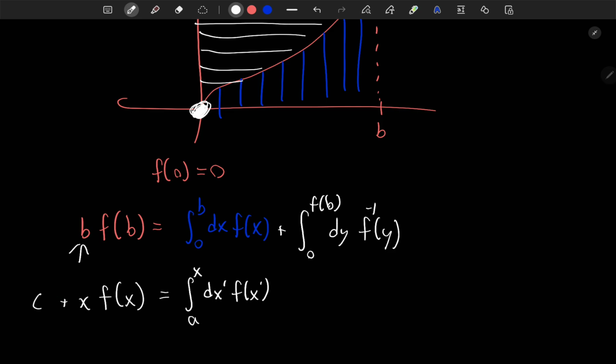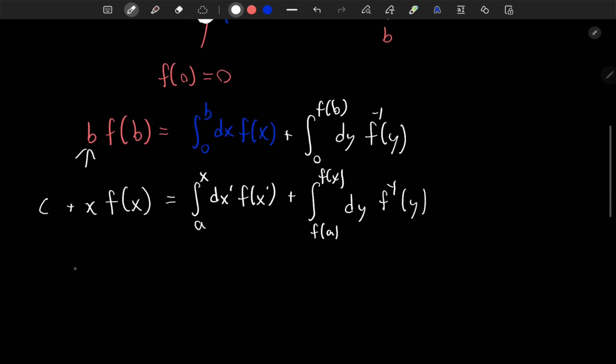There will be a constant hanging around. Then we have plus, well, actually, f of a, and going all the way to f of x, dy, f inverse of y.